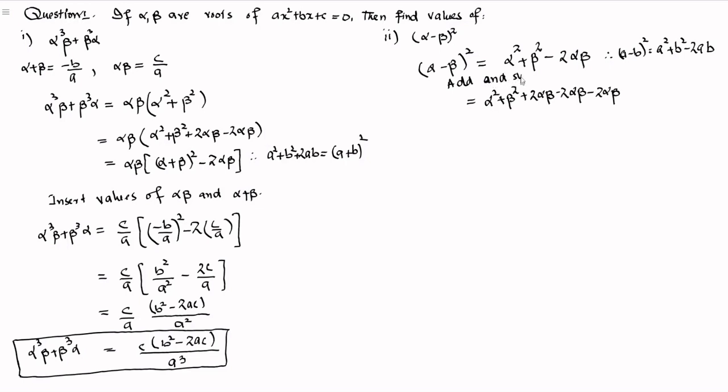Now a square plus b square plus 2ab is equal to a plus b whole square, and minus 2 alpha beta minus 2 alpha beta is equal to minus 4 alpha beta, because a square plus b square plus 2ab is equal to a plus b whole square. Sorry, this is alpha and this is beta.